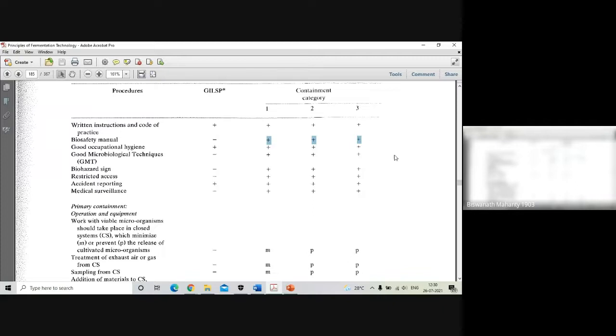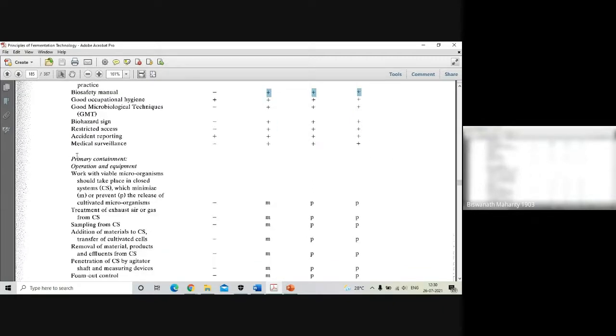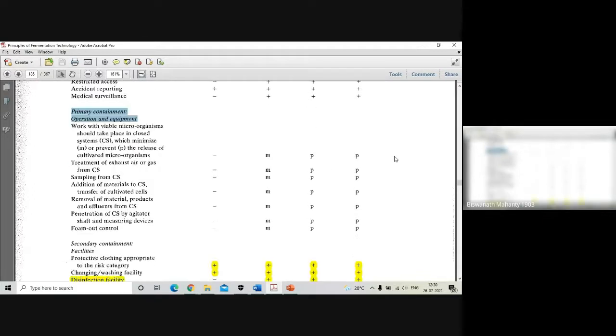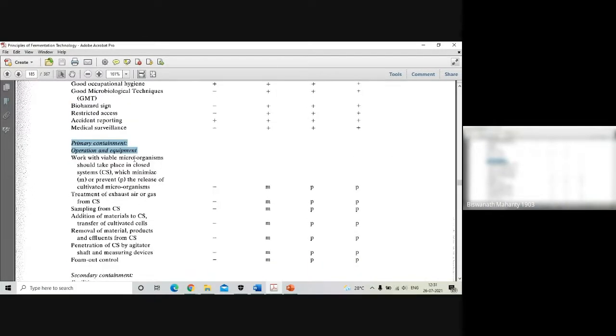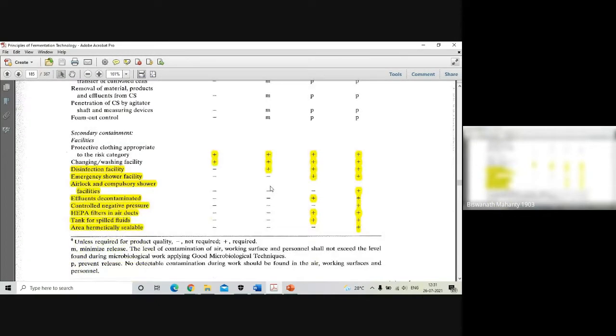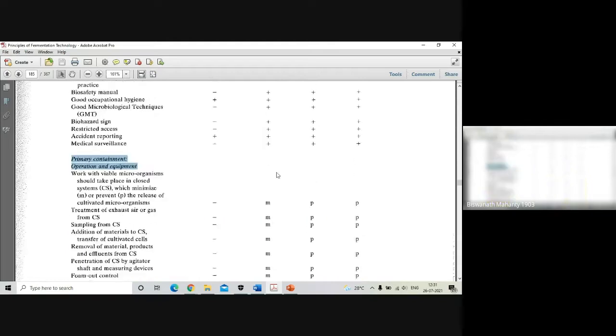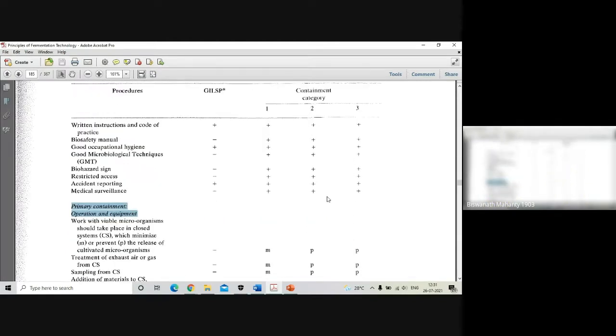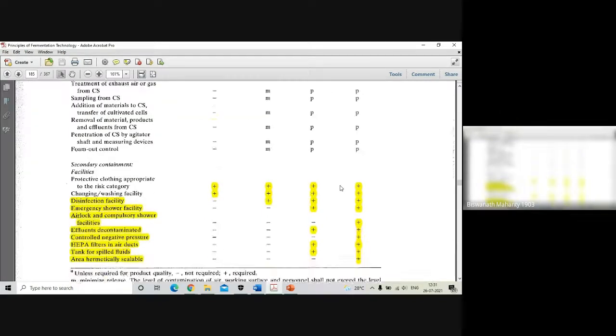It is always there. Even if I am talking about primary containment, operation and equipment, for example, I am talking about a closed system, where we are doing work with microorganisms in a closed system. Similarly, basically, containment 1, containment 2, and containment 3 will not be so much different.